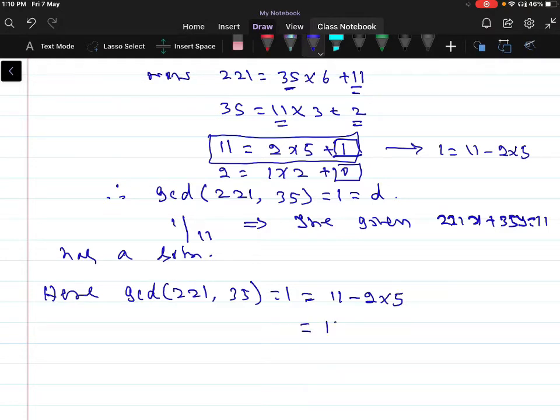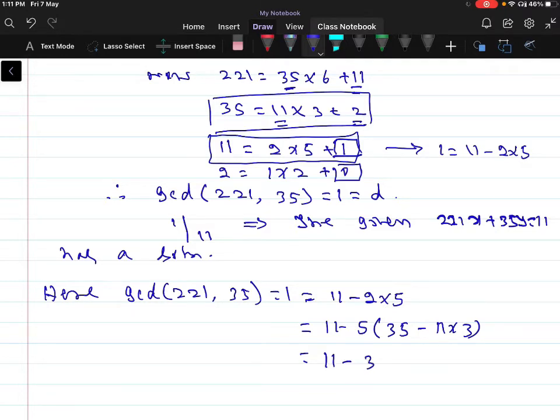So this is equal to 11 minus 5 times, where 2 can be written as 35 minus 11 into 3. By using this result, this is equal to 11 minus 5 times (35 minus 11 into 3), which is 11 minus 35 into 5 plus 11 into 15. So this is equal to 1 times 11 plus 15 times 11. So that can be written as 11 into 16 minus 35 into 5.